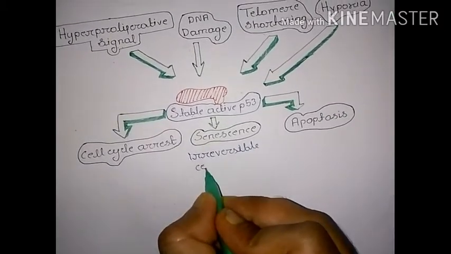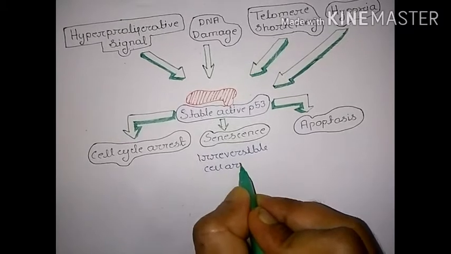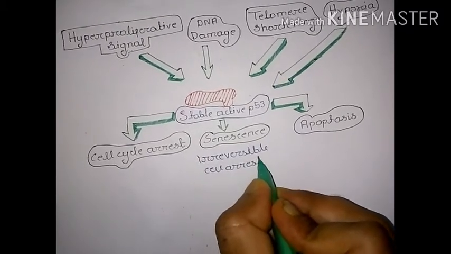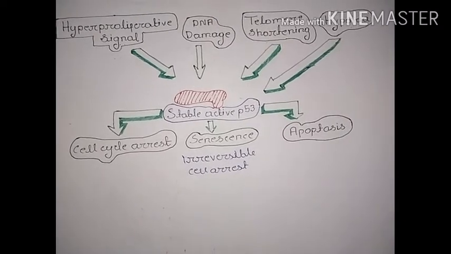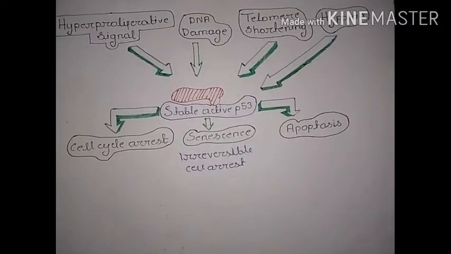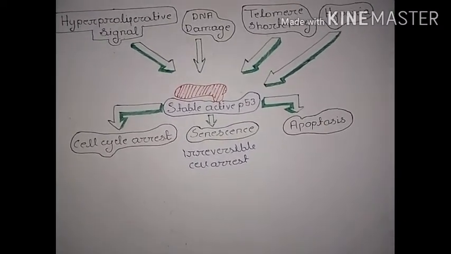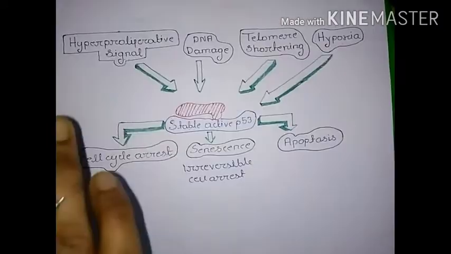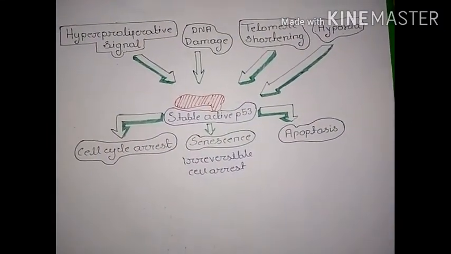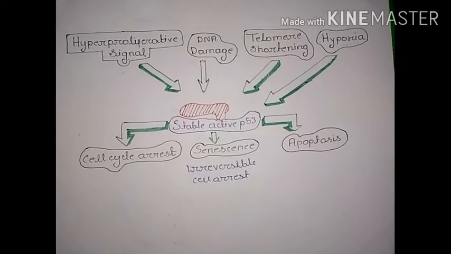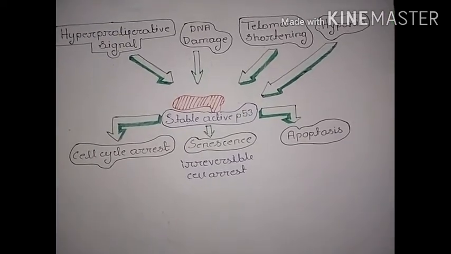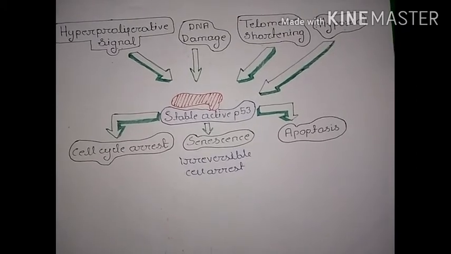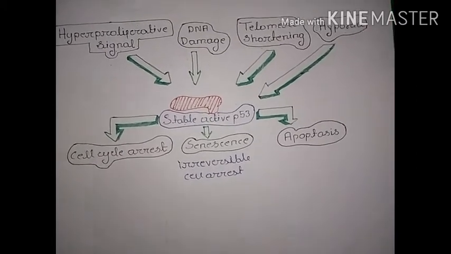So when p53 can't repair the DNA damage, it leads to a permanent arrest of the cell cycle, and this is called senescence. So this is the whole process: how activation occurs, which types of factors help in the activation of p53, and what the role of p53 is and by what mechanism p53 acts.